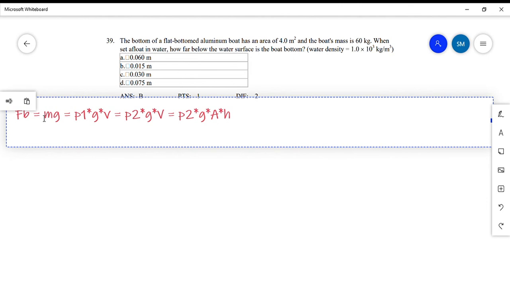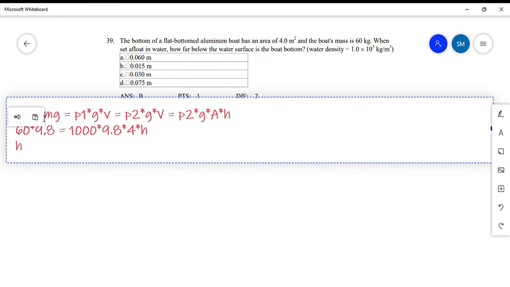The first thing we will do is substitute in the rule. The mg is simply the mass, 60 kilogram, times 9.8, will be equal to the density of the water multiplied by the gravity, which is 9.8, multiplied by the area of the base, which is 4, multiplied by h.